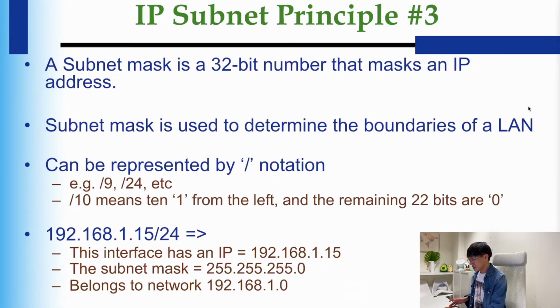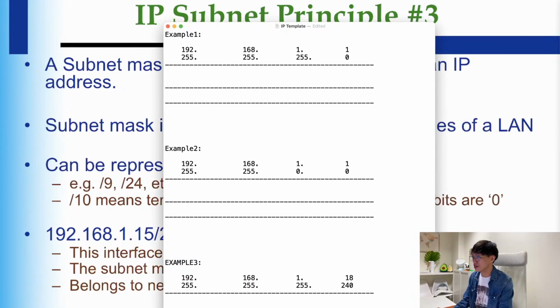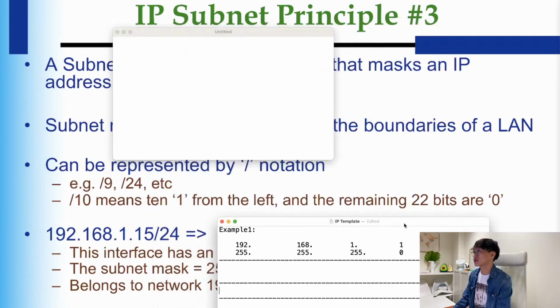Okay, next. This is subnet mask. Next thing you want to know is that when we talk about subnet mask, there are two kinds of subnet masks. The first one is fixed, the second one is called a variable mask. So let's look at this.